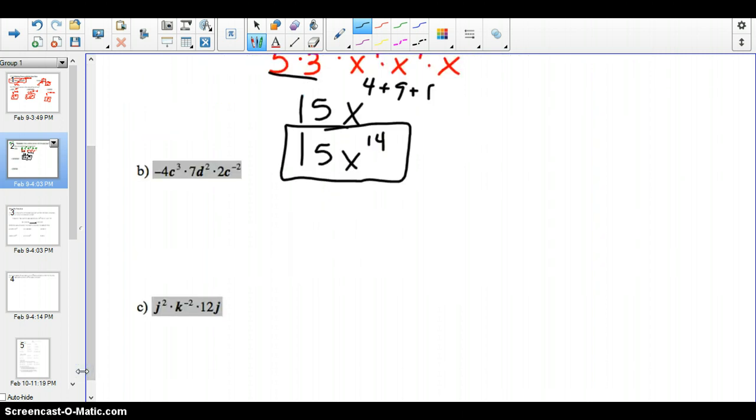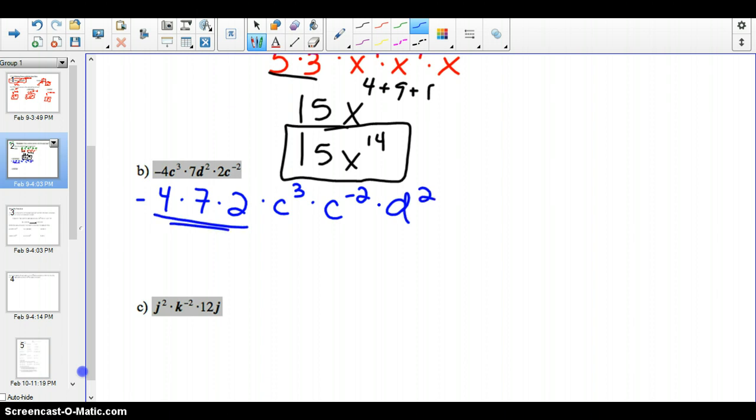Same thing for b. I'm going to rewrite this with my constants out front. So negative 4 times 7 times 2 times c cubed times c to the negative 2 times d squared. This just becomes a lot easier. I can see what these are going to multiply to. That's negative 56.